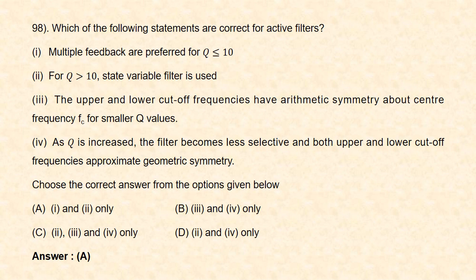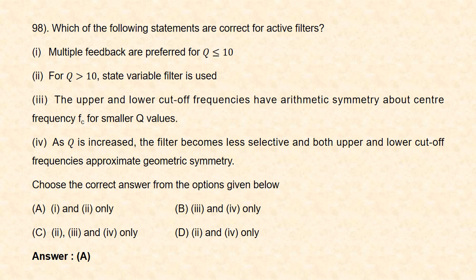Next question. Which of the following statements are correct for active filters? First statement. Multiple feedback is preferred for quality factor less than or equal to 10. This statement is correct. And for quality factor greater than 10, state variable filter is used. This statement is also correct.